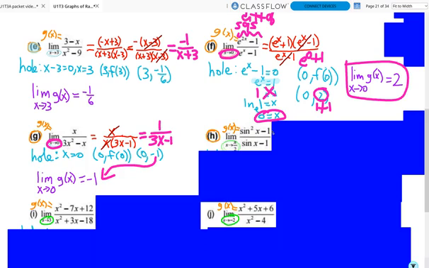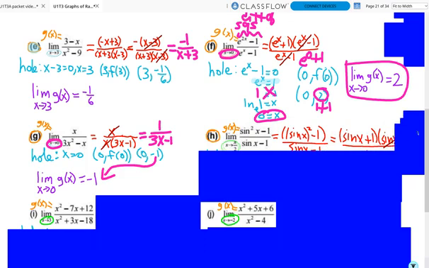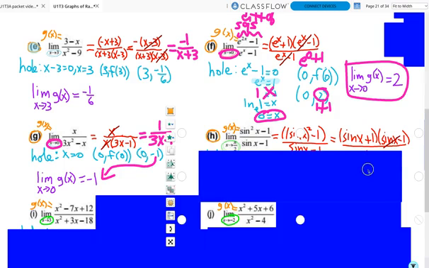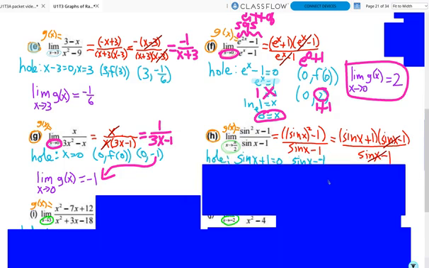So if you think about it as difference of squares, it's going to factor into sine x plus 1 and sine x minus 1. And the denominator stays the same. But the sine x minus 1 in the numerator and denominator divide out to 1, leaving only sine x plus 1.